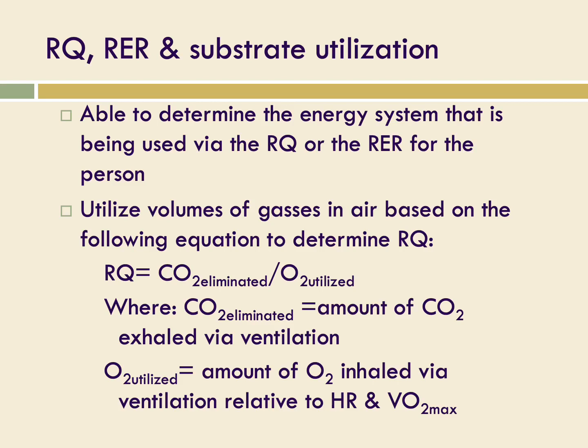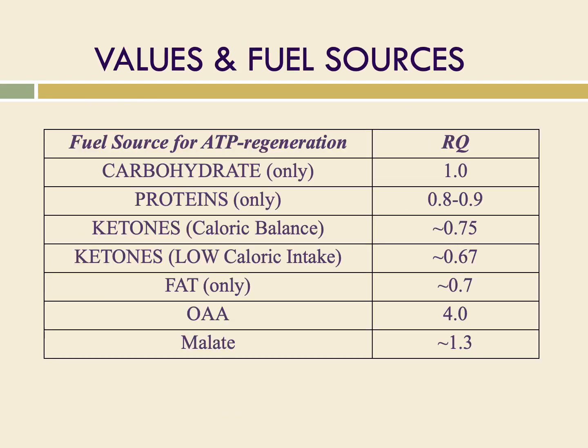So the RQ value, or the respiratory quotient, is how much CO2 is being eliminated versus how much O2 is being utilized. And so we have values that tell us what fuel sources we're using based off of that respiratory quotient. If I'm using carbohydrates only, I'm exhaling the same amount of CO2 as I'm inhaling oxygen.